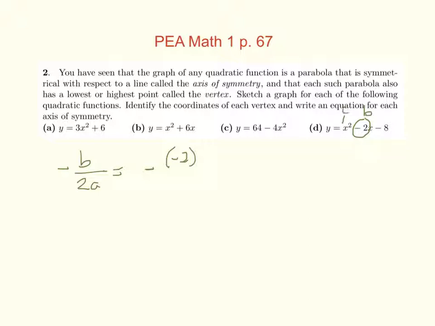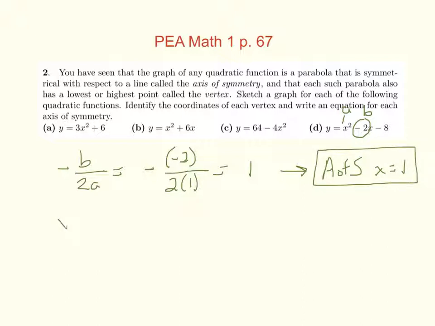A is 1. So -2 over 2 times 1. So it's -2 over 2, which is -1, and then the negative in front makes it a +1. So our axis of symmetry is x equals 1.